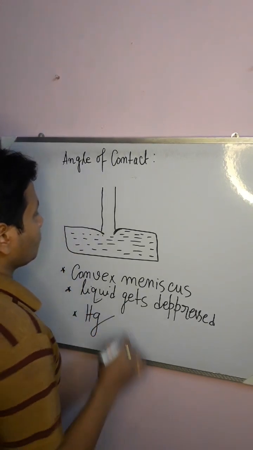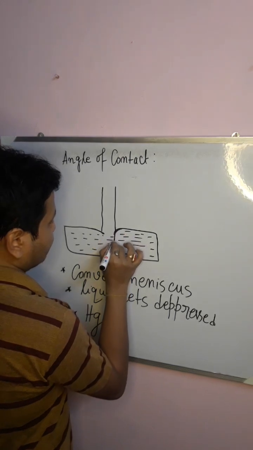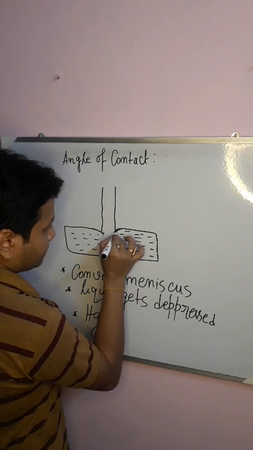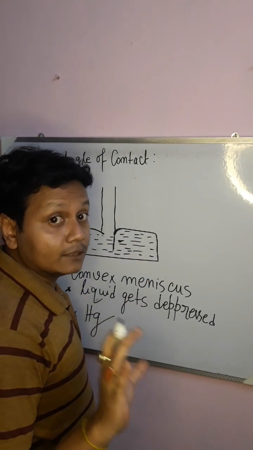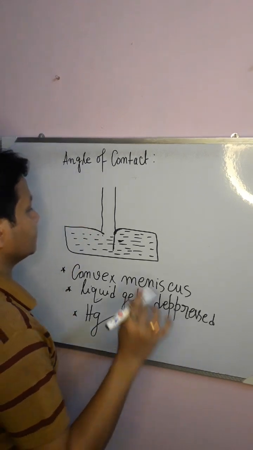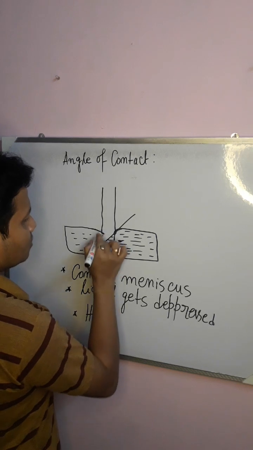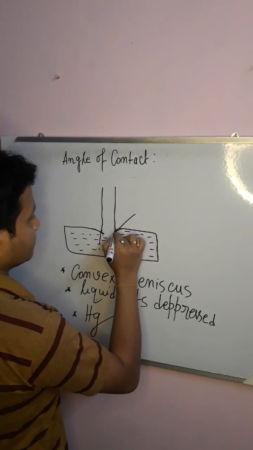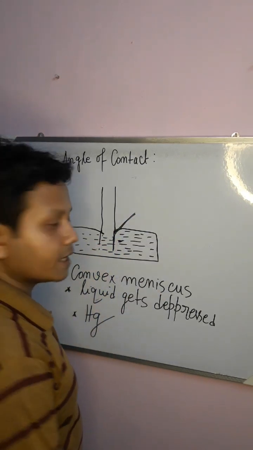Now we have to take this line, that is the tangent to the solid surface towards the liquid. This is fine, and the tangent to the liquid surface away from the solid. If we take this line, it passes through the solid, so we have to eliminate it and only take this line, because it is away from the solid.